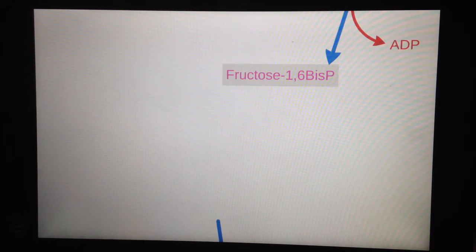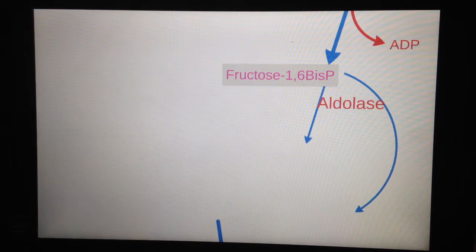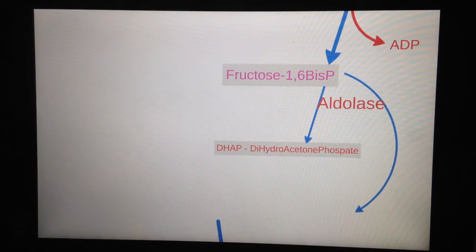The fourth step is F16-bisphosphate being cleaved into dihydroxyacetone phosphate and glyceraldehyde phosphate. This is done by the enzyme aldolase.